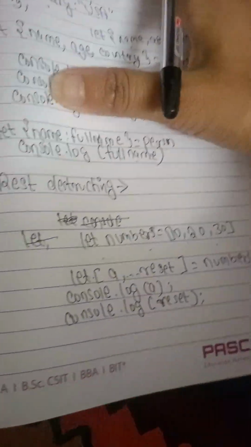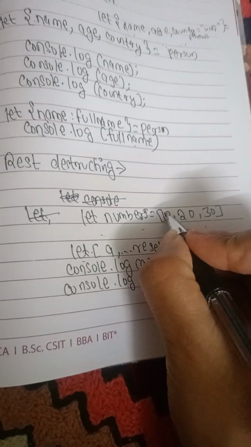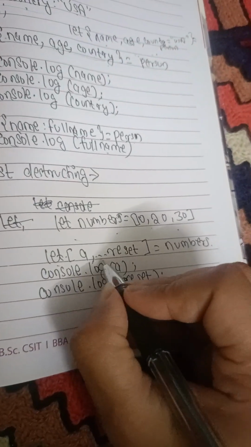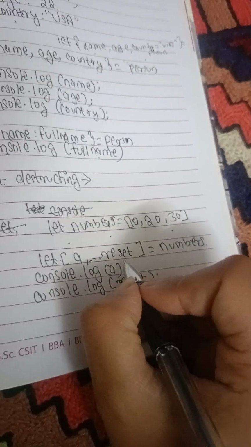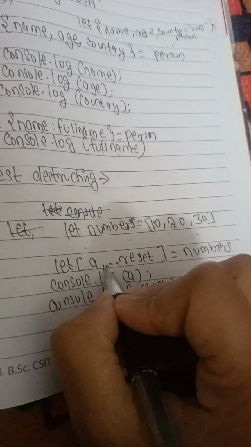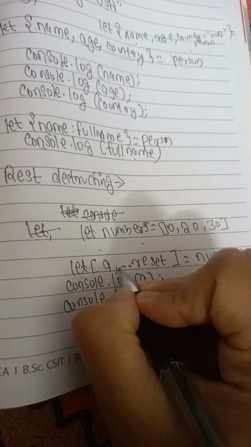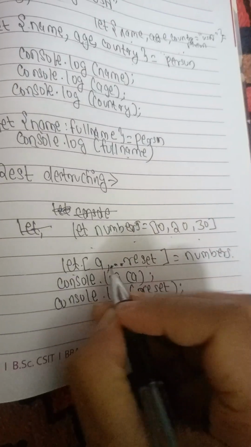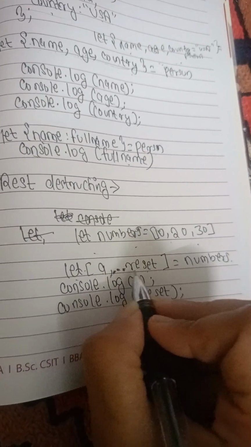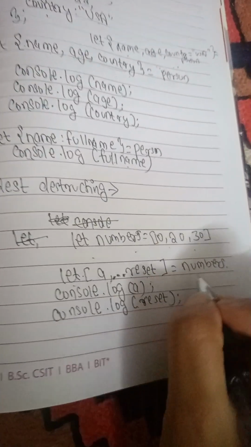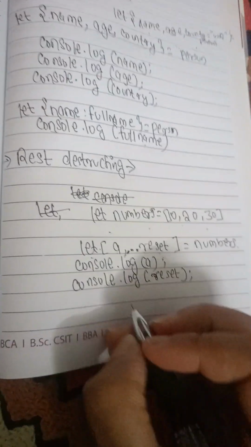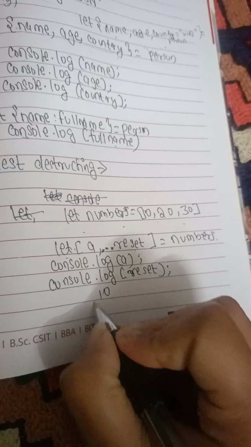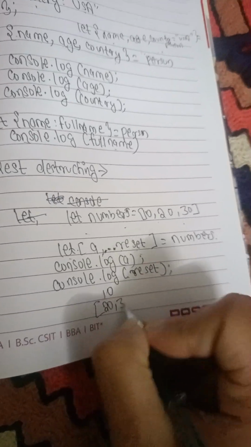And then here let a, then dot dot dot, the three dots, and rest is equal to numbers. So console.log a and rest. What does it print? It prints 10, and then it prints 20 and 30.